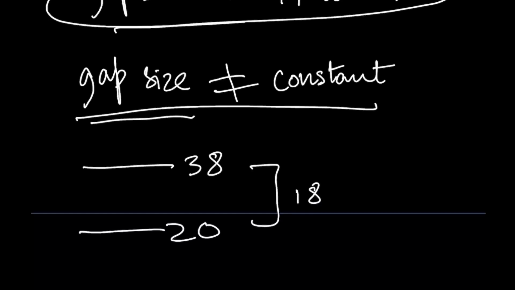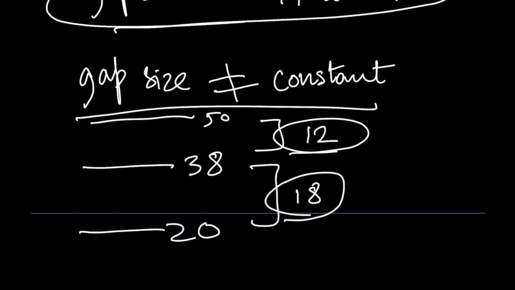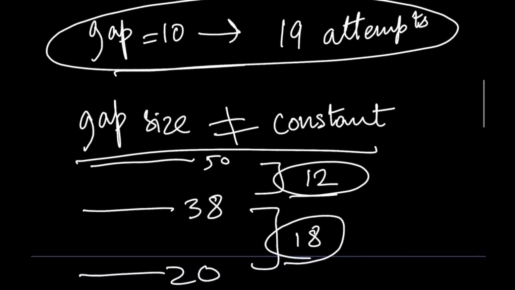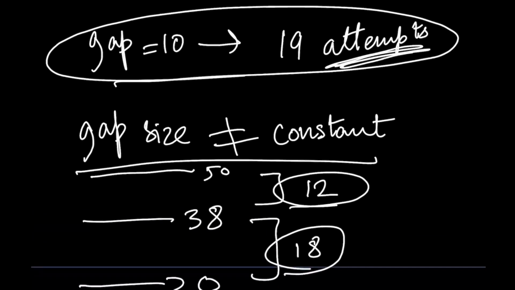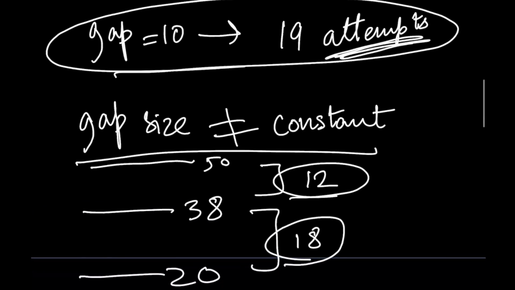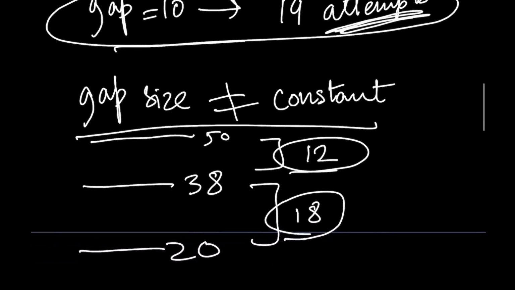And then I could have gone, just for random values, all the way up to 50. And this has a gap of 12. So it's not necessary that my gap has to be a constant value. By having a variable gap size, we can decrease the number of attempts further. So try to think of a solution with a variable gap size.